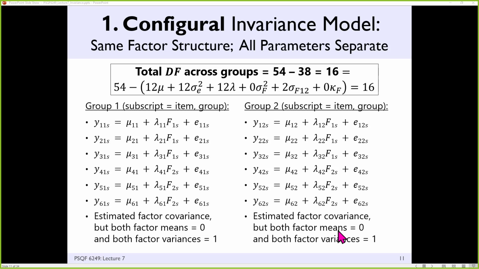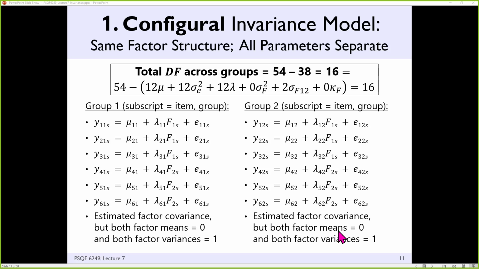Yes? I thought that in the marker item option, we didn't have to fix the item intercept to 0 because that item intercept is passed to the factor mean, or is that incorrect? That is one of the 4 choices. So there's a 2 by 2 of what gets fixed and freed. And the most common option is one of the items has its loading fixed to 1 so that the factor variance can be estimated.